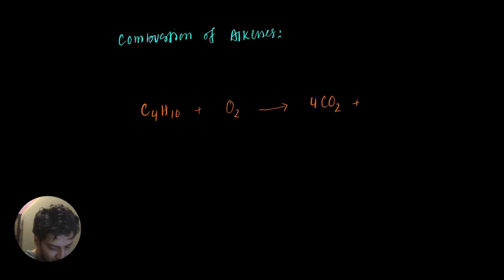I feel this will be easier to balance. I said alkene, I wrote an alkane. 4 H2O. And you have, I think, 3 over here. No, 6. Is it 6? Yeah. And it's balanced.